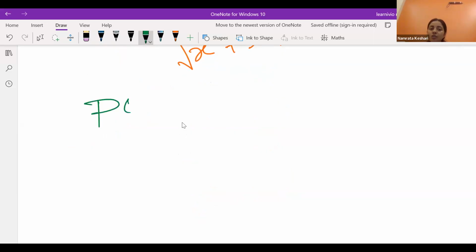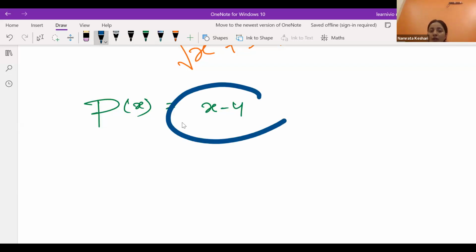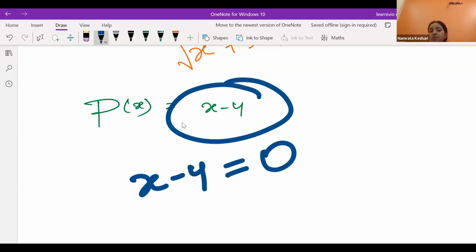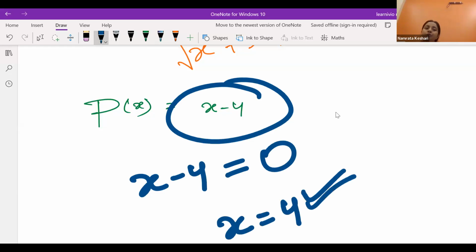For finding the zero of the polynomial, the basic example is x minus 4. Suppose a linear polynomial you are having and you have to find the zero. In class 9 you have learned to just take the polynomial equal to 0 and try finding the x value. Whatever x value you will be getting, that is called the zero of the polynomial. So x equals 4 is the zero.